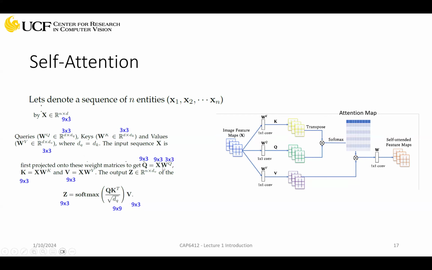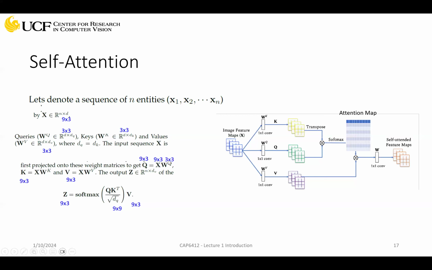Now from that X matrix, we want to apply another matrix, which is 3 by 3, to get the query. And this WQ, is it 3 by 3 because we want the output to be the same size? Yes, because the first is limited to 9 by 3 since the input is 3. So it has to be 3.